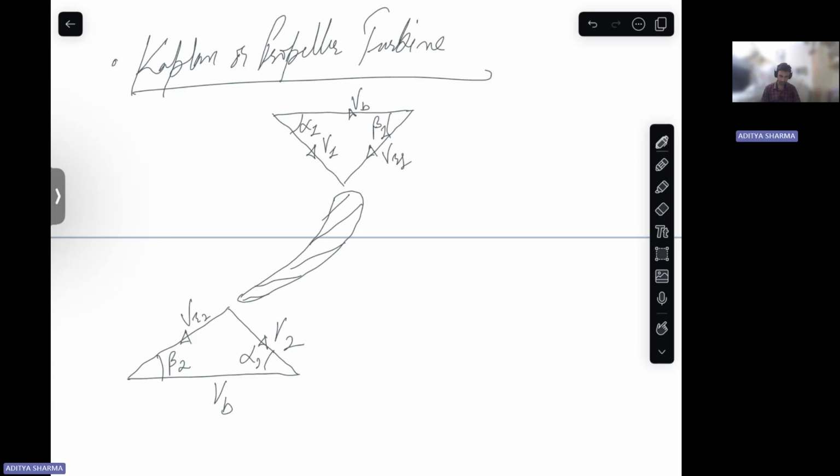So this is your velocity diagram for your Kaplan and your propeller turbine.